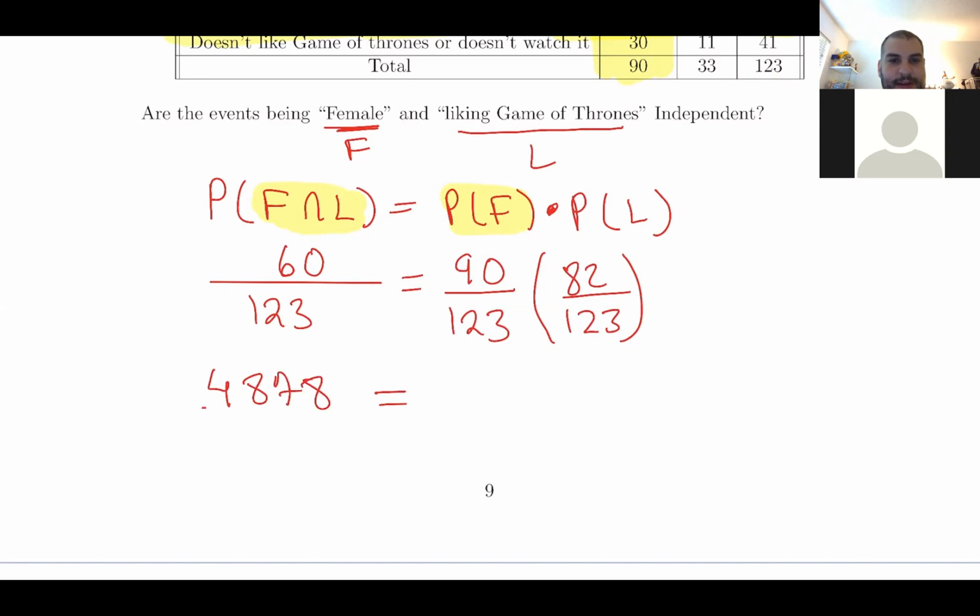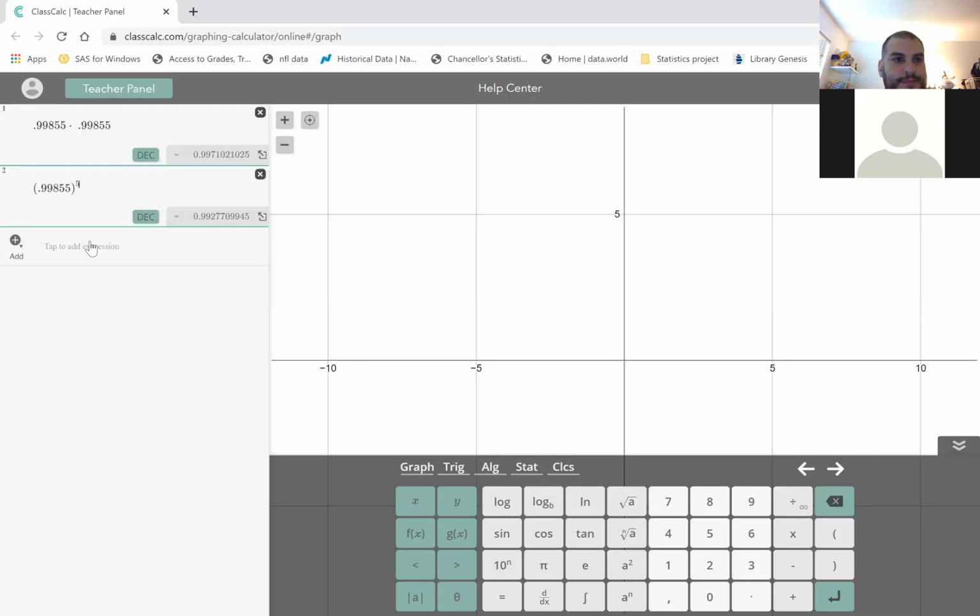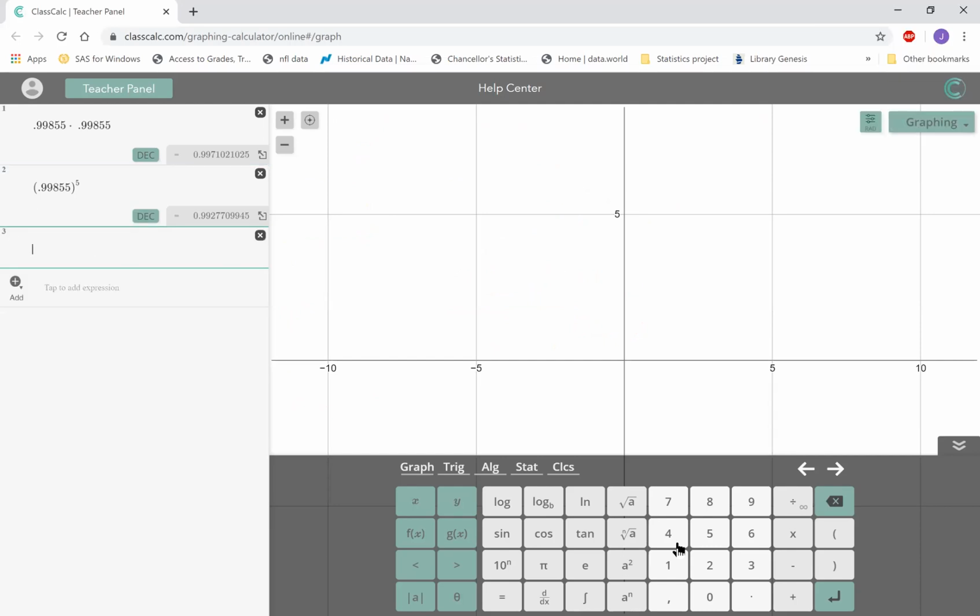We can say 90 divided by 123, then multiplication, and then 82 divided by 123.